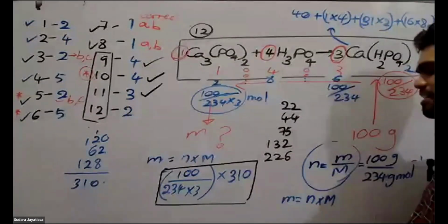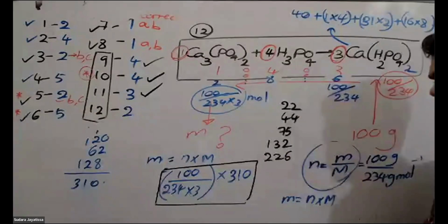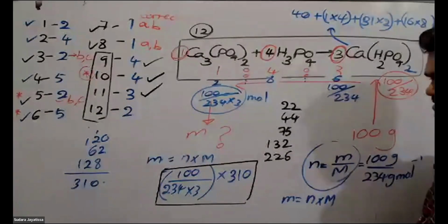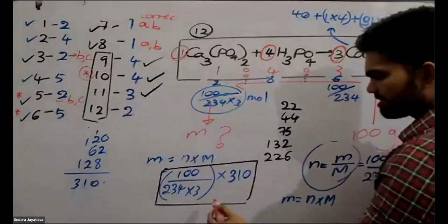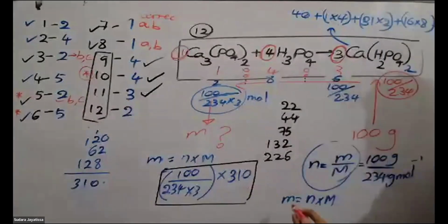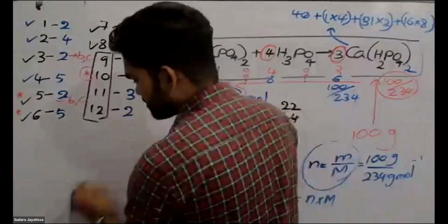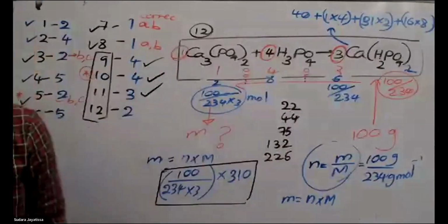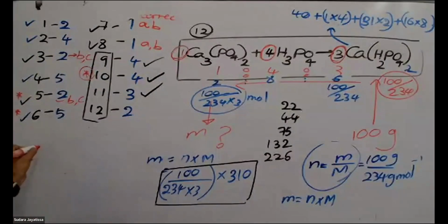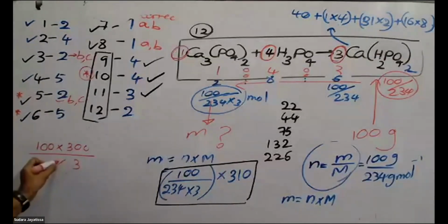234, 310. So you can cut this, no? Let's say I'm going to write this one on this side. We have to select suitable numbers, no? We can't just write some numbers and divide. Okay, 100 into 300, 3. Here let's write 250.